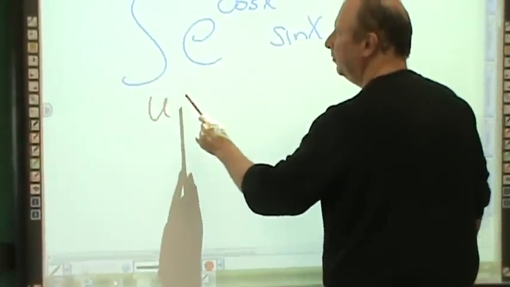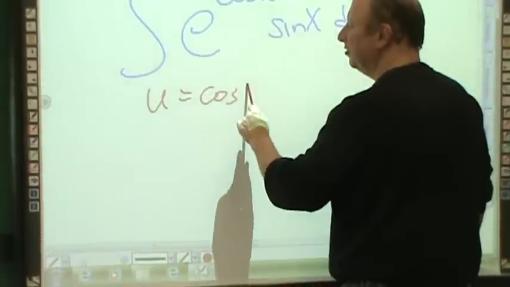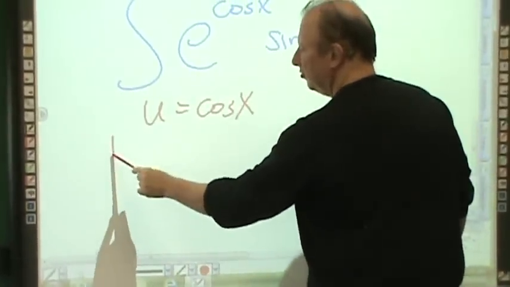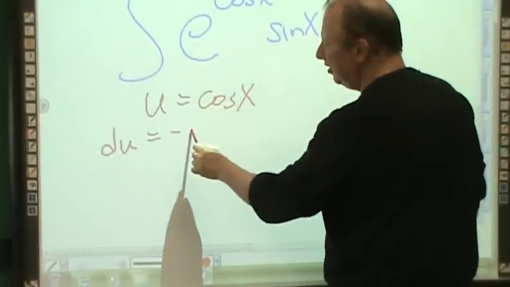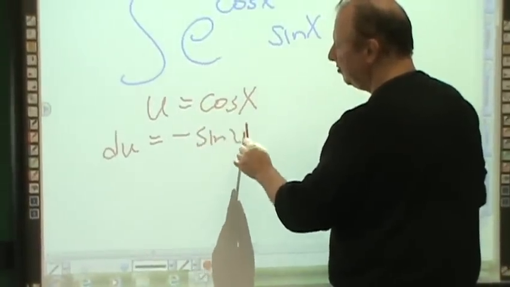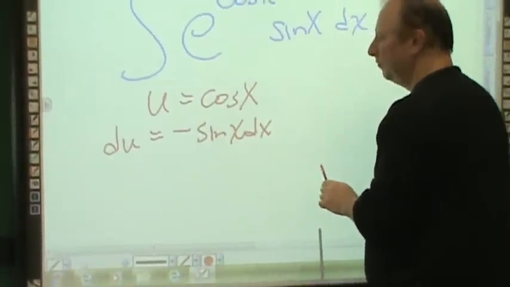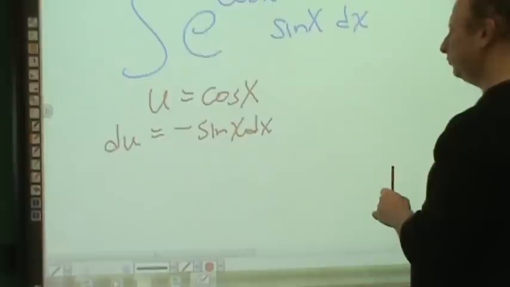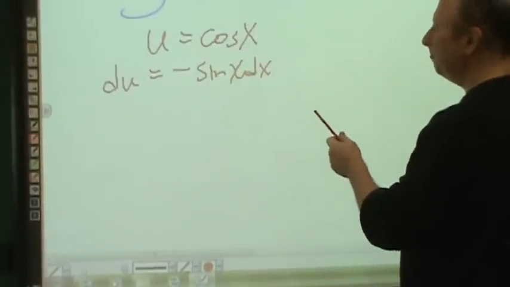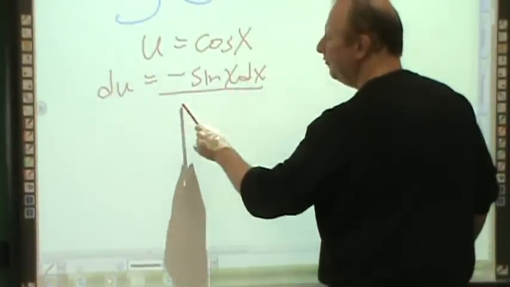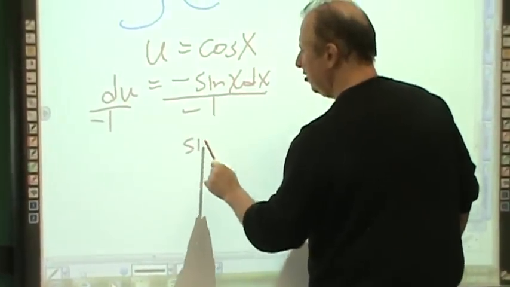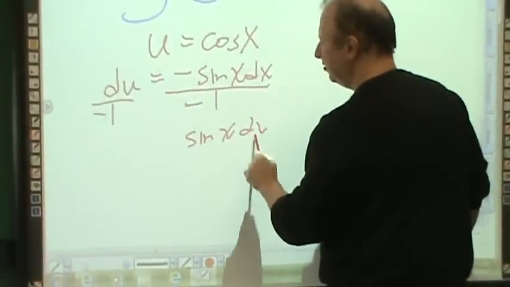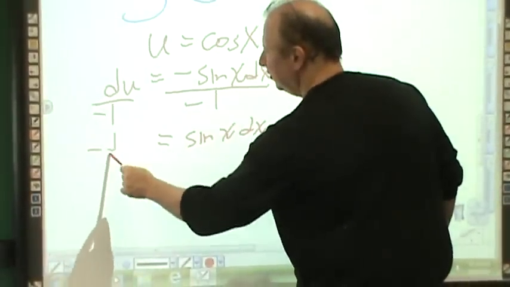Let u equal cosine x. So du is equal to, derivative of cosine is negative sine x dx. And if I divide by -1, sine x dx is equal to negative du.